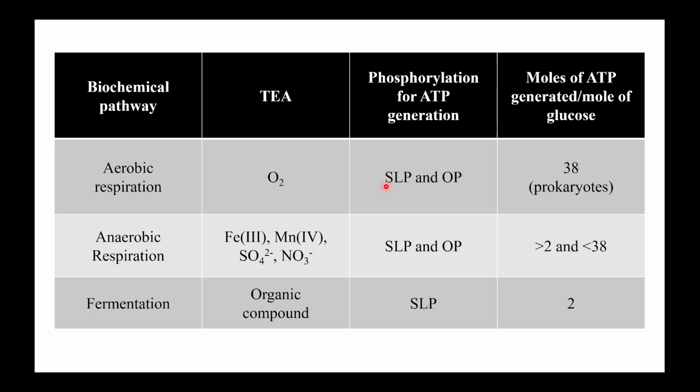Those are the fermentation processes, and there the phosphorylation for ATP generation is only substrate level because only the glycolysis part is generating the ATP and only two molecules of ATP are generated. So fermentation is not a process where a lot of energy is produced, since ATP is the key energy generating molecule. The more the ATP, the more energy will be there in an organism. So aerobic respiration clearly generates more ATPs than any of the other processes.